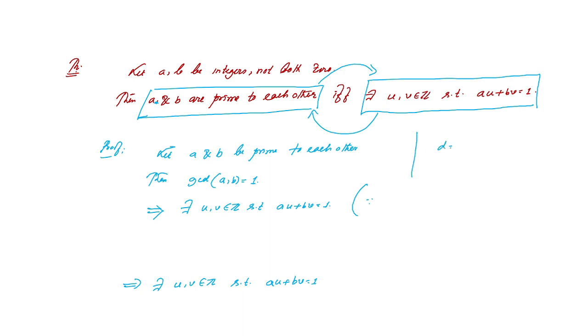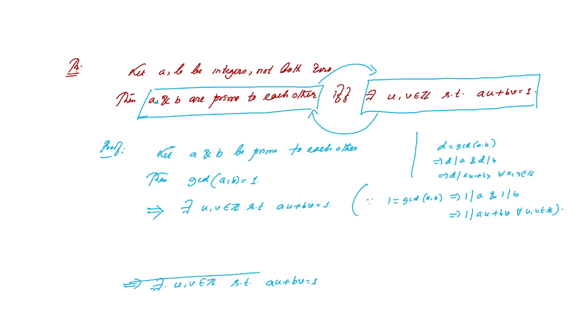Recall, if D equals GCD of A and B, that implies D divides A and D divides B. So 1 equals GCD of A and B implies 1 divides A and 1 divides B. And here we can write D divides AX plus BY for all X, Y belonging to Z. So we can write 1 divides AU plus BV for all U, V belonging to Z. Okay, for all U, V, but there is some particular U, V for which AU plus BV equals 1, that will hold.